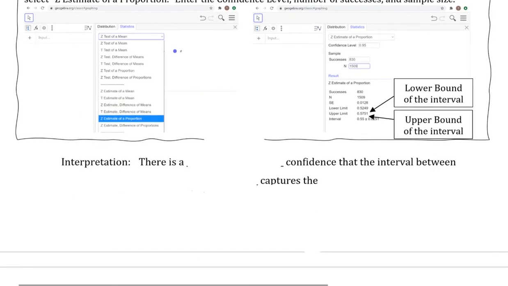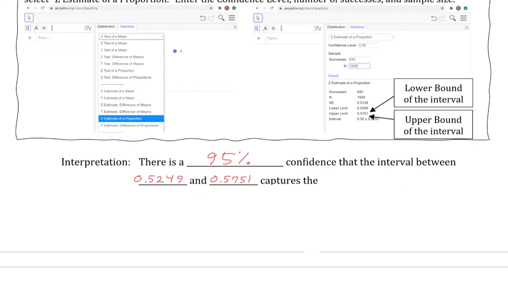If we make our final interpretation statement, we have to be careful about this. We will say that there is a 95% confidence that the interval between 0.5249 and 0.5751, the interval we either calculated by hand or via Geogebra, captures the true proportion.